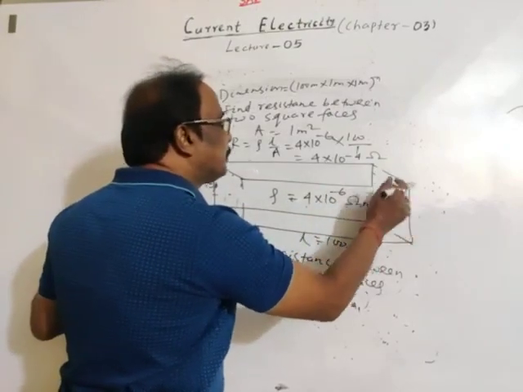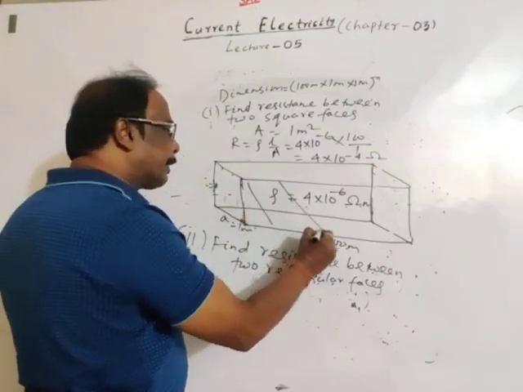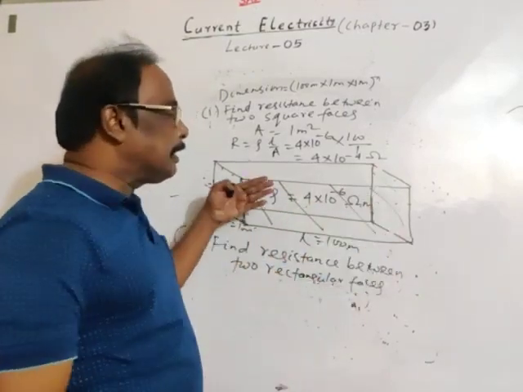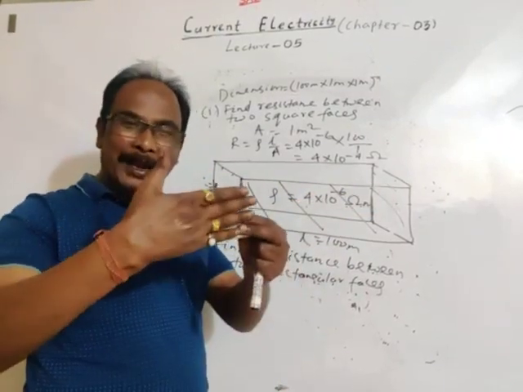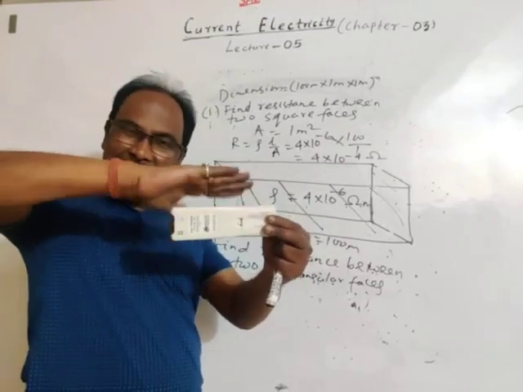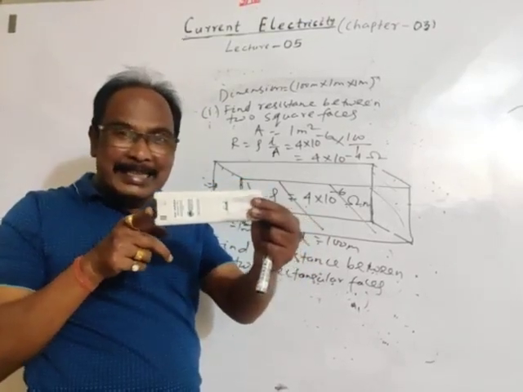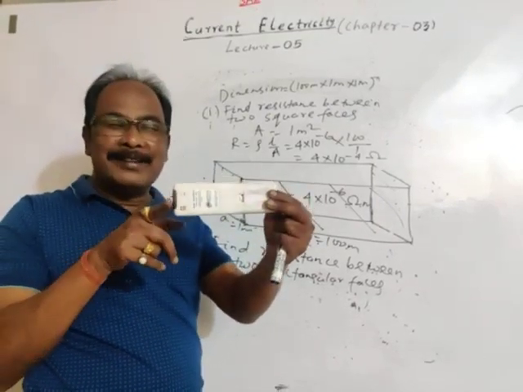Now it is asked to calculate the resistance between two rectangular faces. This is a rectangular face, as I have discussed, and on the opposite side there is another rectangular face. If this is taken as the area, then this thickness is the length.